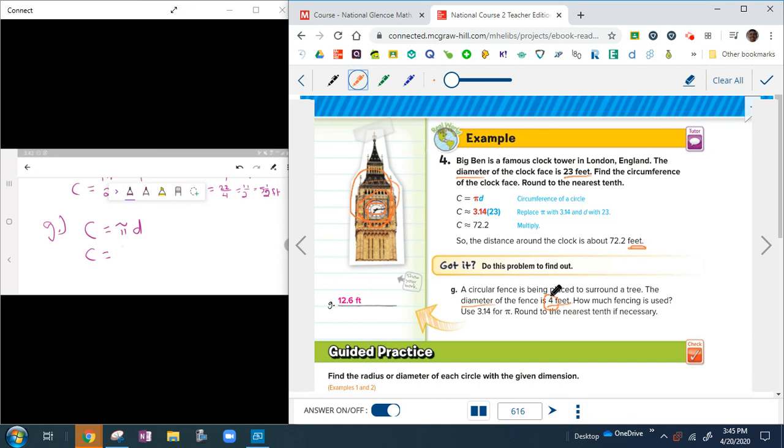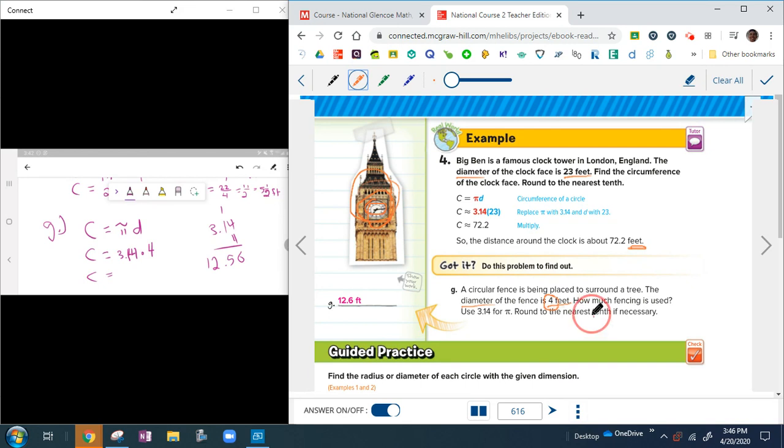So I'm just going to use 3.14 times the diameter, which is 4. And when I multiply that, let's see, I get 3.14 times 4, 12.56.